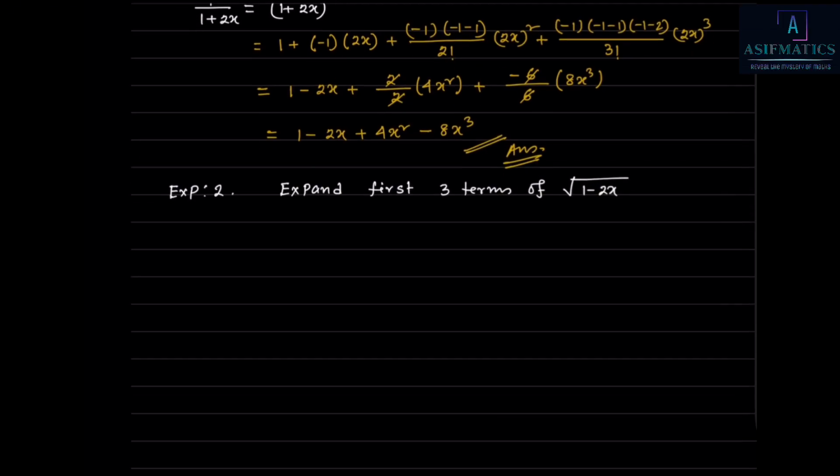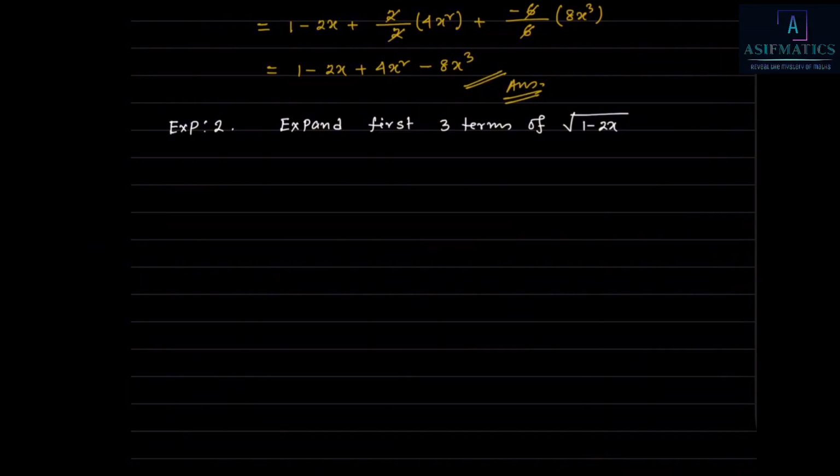Okay, so root over 1 minus 2x, we can write root over 1 minus 2x is actually 1 minus 2x to the power 1 by 2. Every time you need to bring the power, okay, and that power is your n value. So here we can write 1 minus 2x to the power half, or further, because our format is 1 plus x, so we can write 1 plus minus 2x to the power half, right?